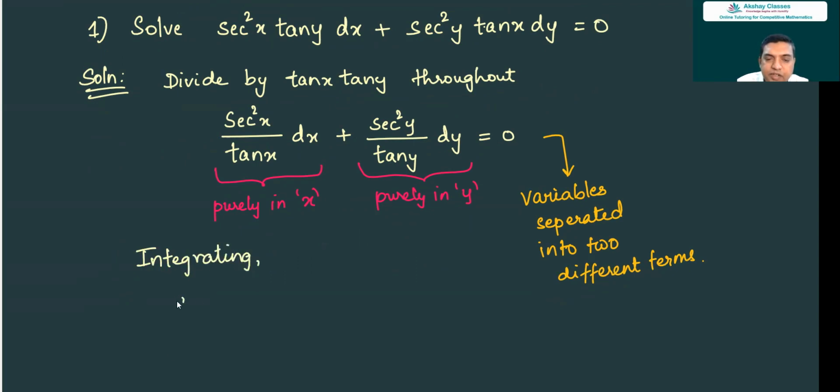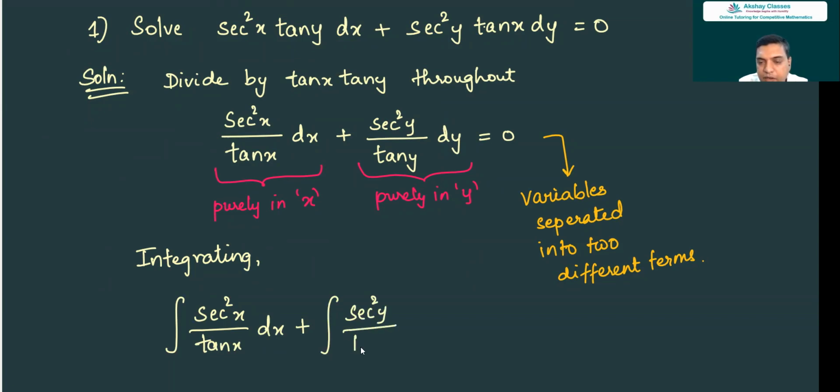So upon integration, we get integral secant square x by tan x dx plus integral secant square y upon tan y dy is equal to integral of 0. Now, integral of 0 is 0.